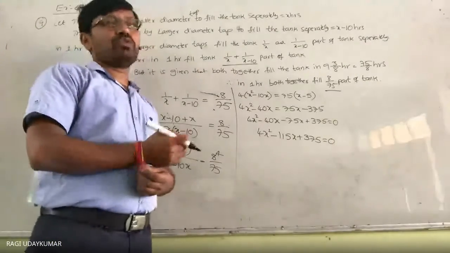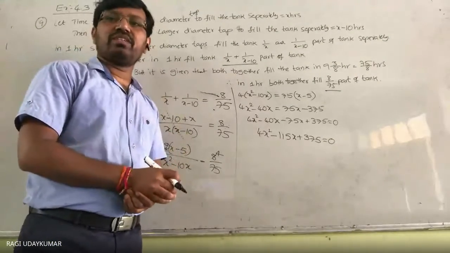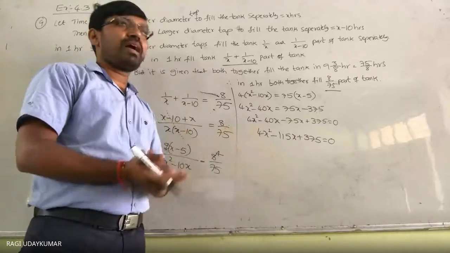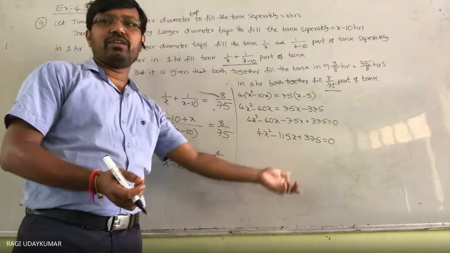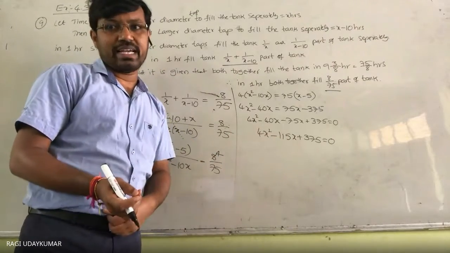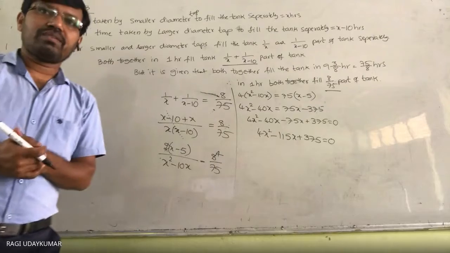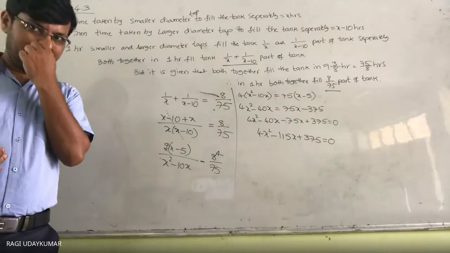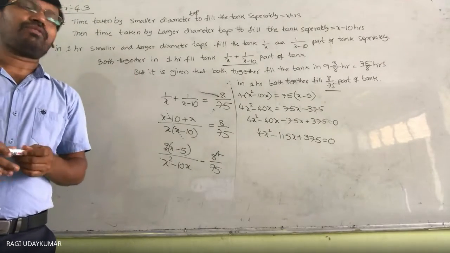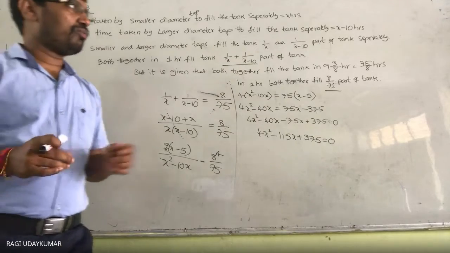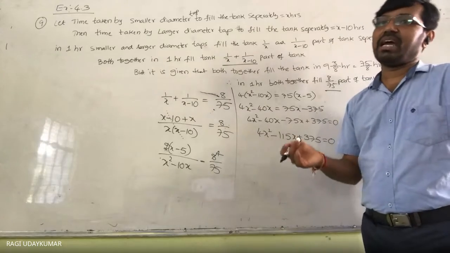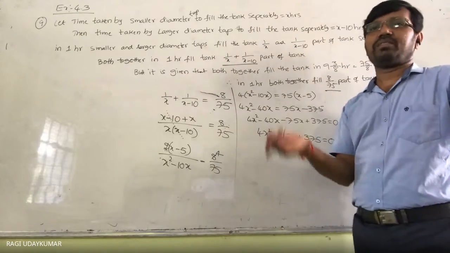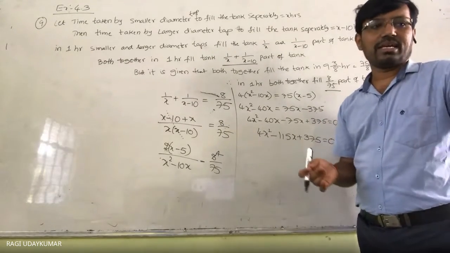Actually, factorization is the easy method, but most students will feel that applying the formula is better. But then you have to find b square, find 4ac, and the square root of it. What is the formula? Most students will feel that the formula is best. No, the formula is best for simple calculations, additions and subtractions, and there you need to find out the square root of the given number. All these things are necessary.